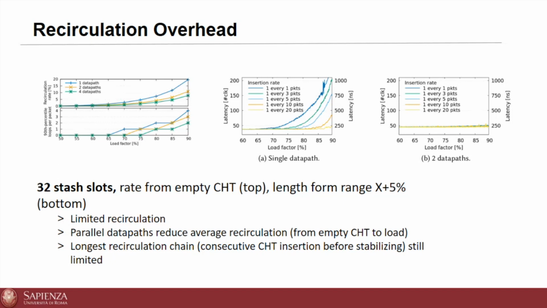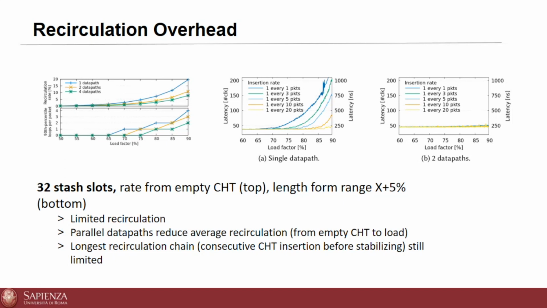So in this way, we have this kind of network overhead, these additional packets that should be processed along with the normal network packets. You can see from the image on the left that using more than one data path, the yellow line, the green line, this average recirculation rate is reduced as the load factor of the CoCoH table increases.